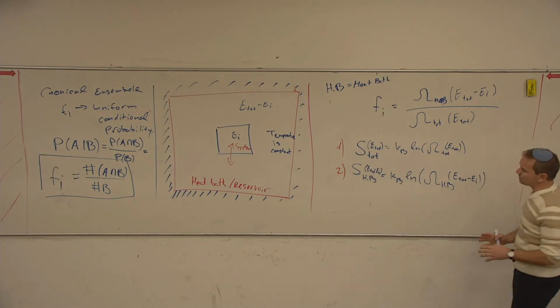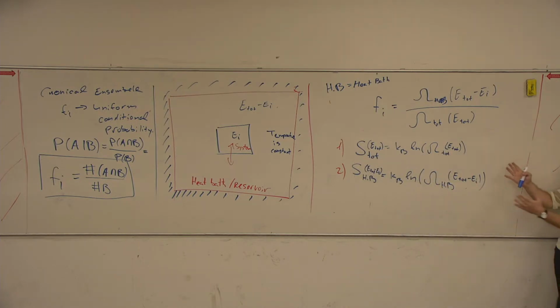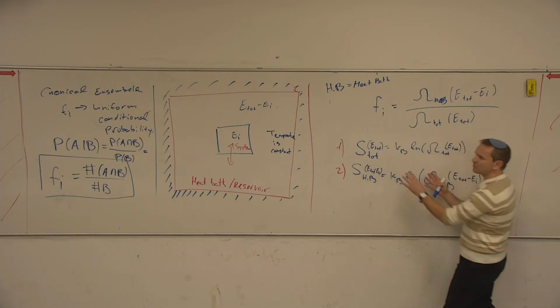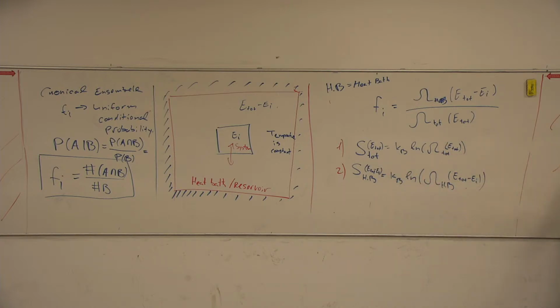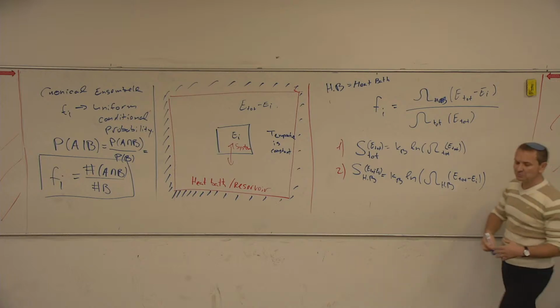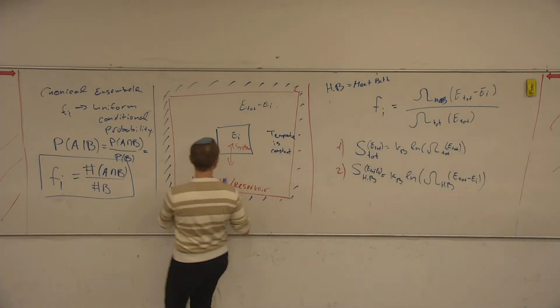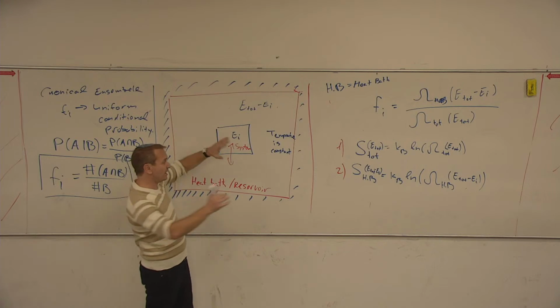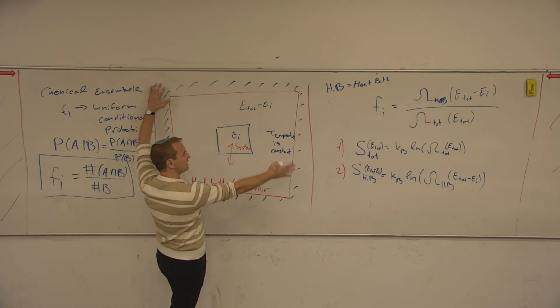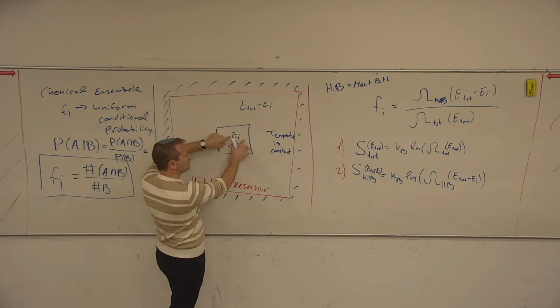Now, I'm assuming the following thing. Let's take this S total and separate it into two systems. If we assume that everything is macroscopic, this is the playground. I assume that it's big enough, but it's also not too small.